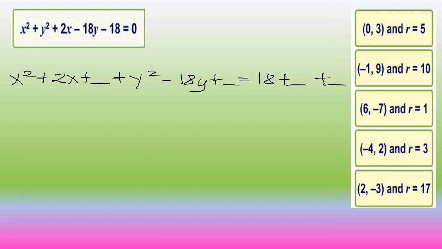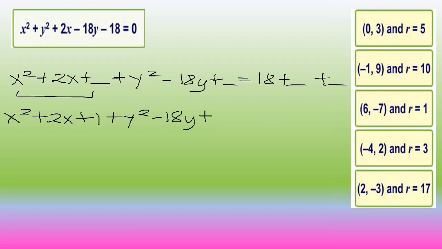So from that, of course, by the completing the square rule, that becomes x squared plus 2x plus 1. That is 2 divided by 2 squared. That's equal to 1 plus y squared minus 18y. So negative 18 divided by 2, that's negative 9 squared. That is equal to 81, is equal to 18 plus 1 plus 81.